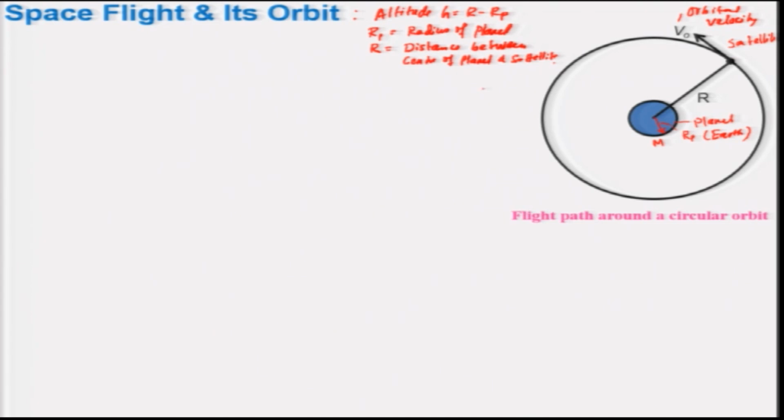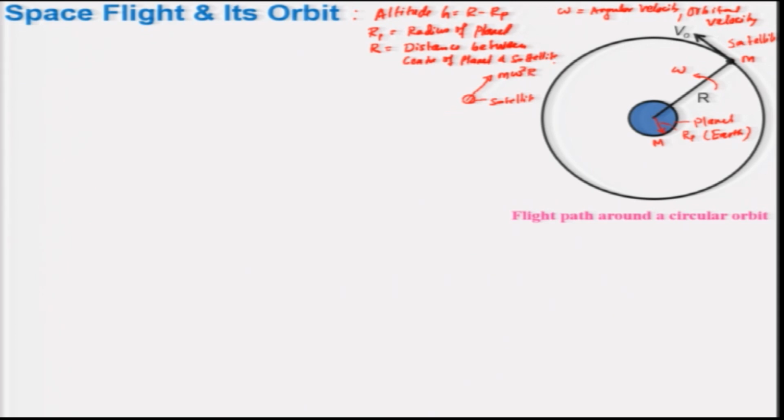If you take a free body diagram of the satellite, it will be acted on by the centrifugal force, which is m omega square r, where omega is the angular velocity and m is the mass of the satellite.